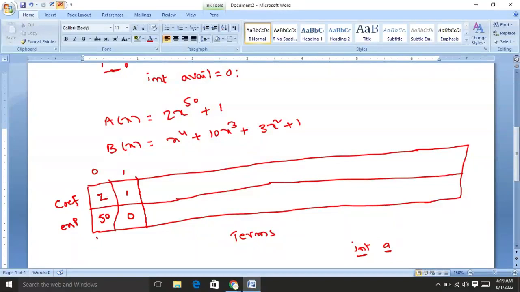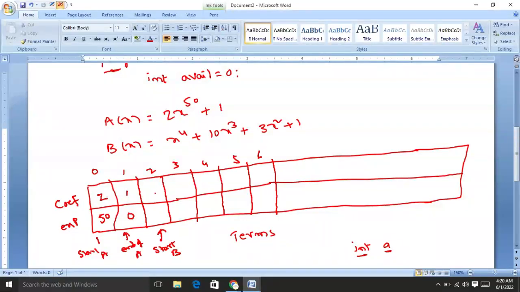So this is the start of the first polynomial. This is the finish or end of the first polynomial, and this is the second term, this is the third term, and this is the fourth term, and this is the fifth term, and so on. From here onwards, without wasting memory, I start to store the B polynomial.